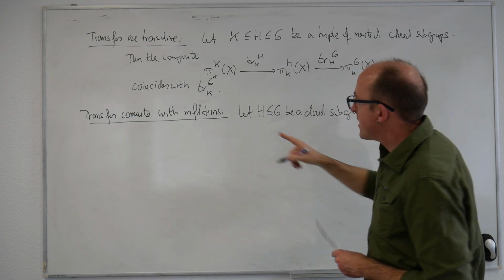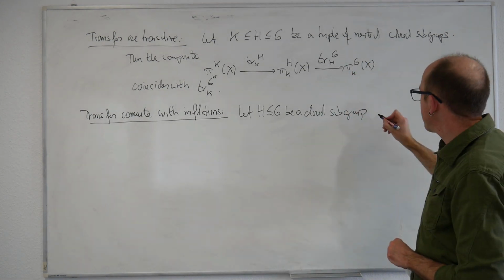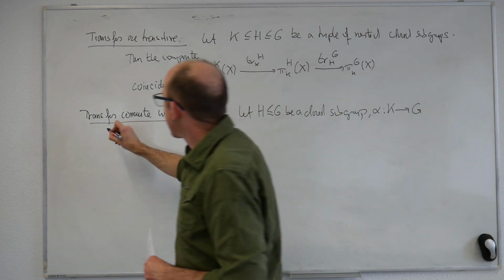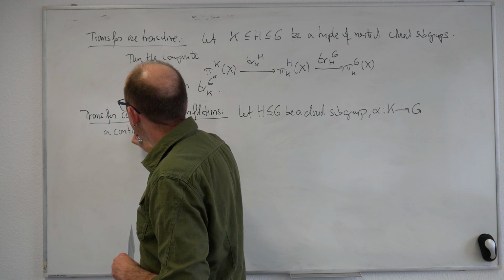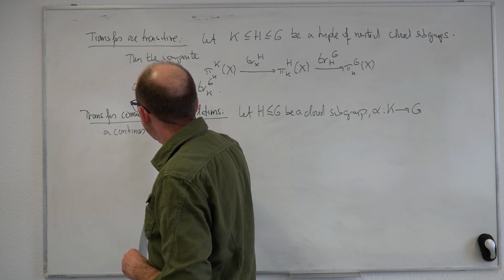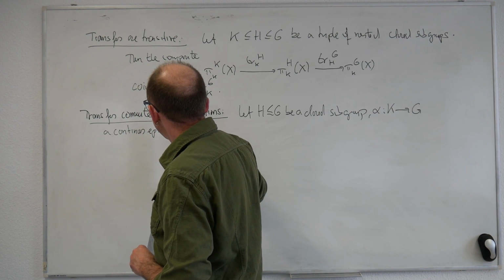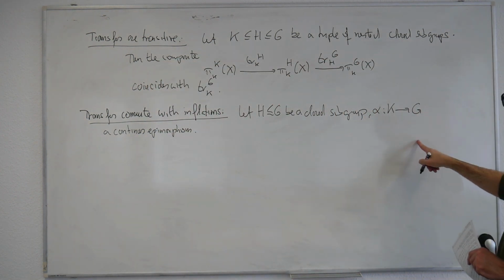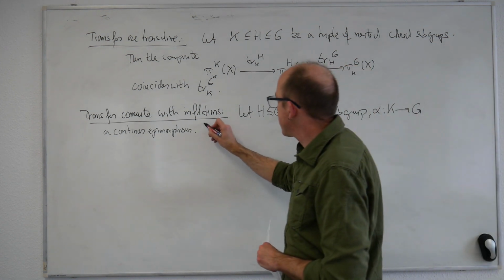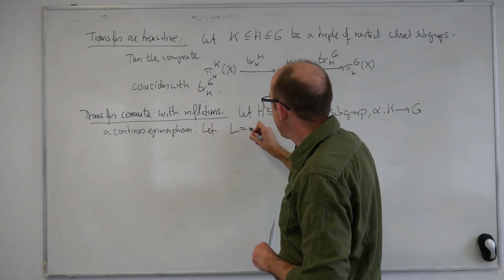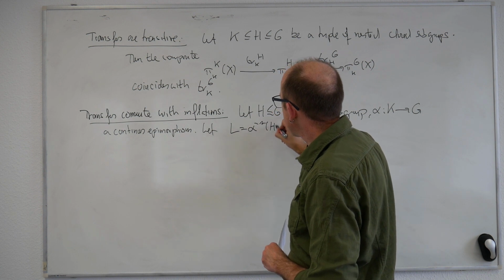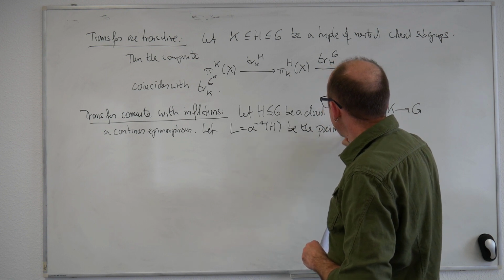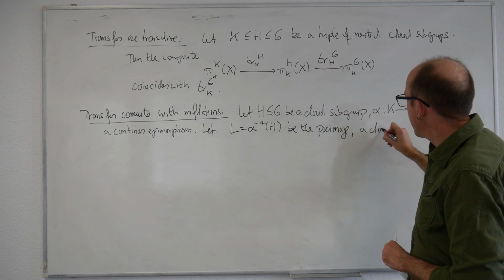And then I'm looking at inflation, so that means I have a continuous epimorphism, alpha from K to G. So then we can take the subgroup H in G and look at its pre-image under alpha. I call this L. Let L equal alpha inverse of H be the pre-image. This is a closed subgroup of K.